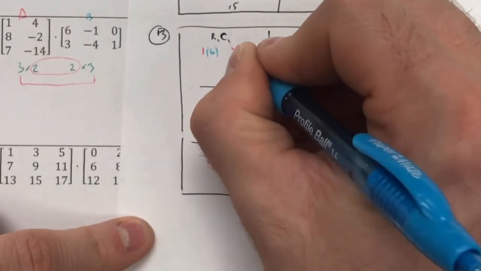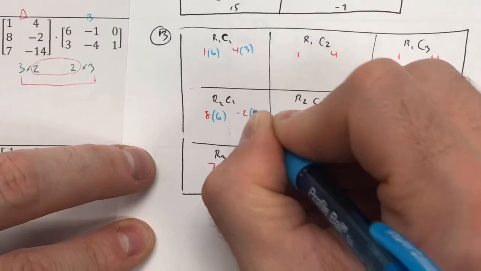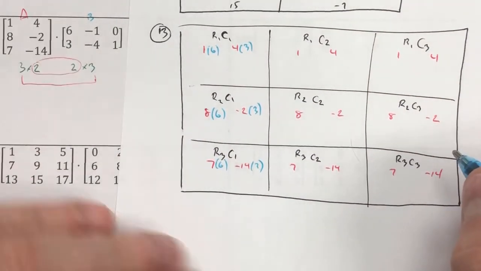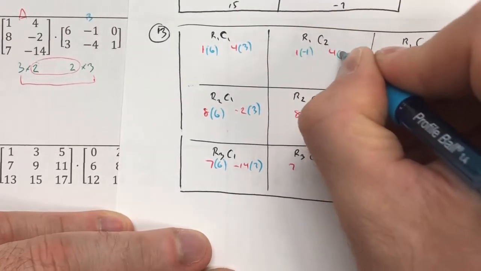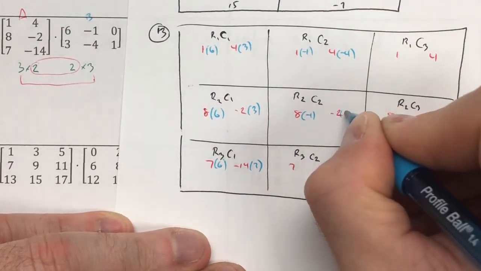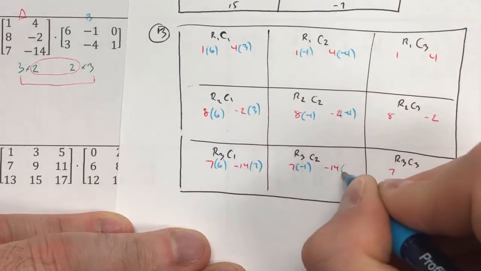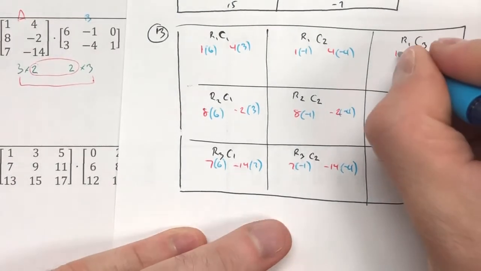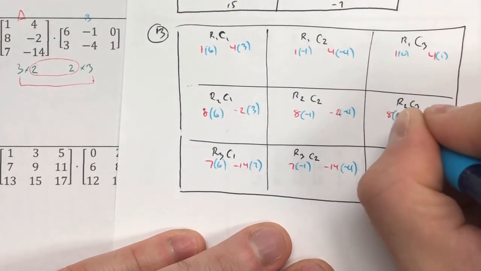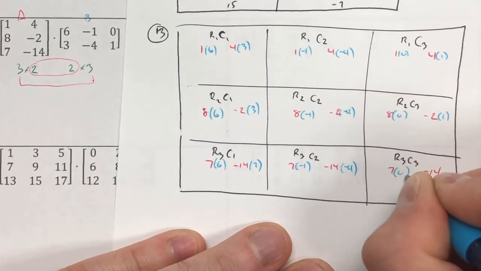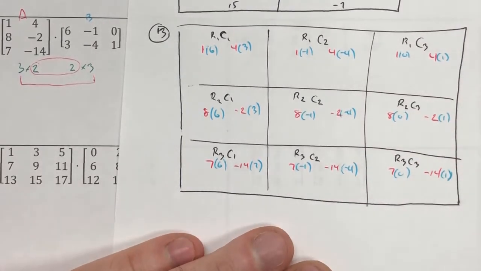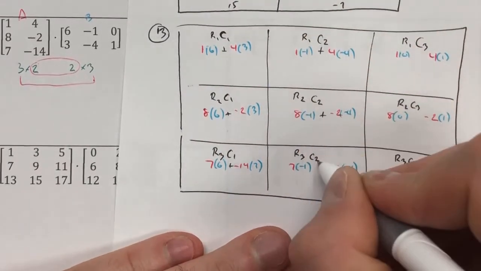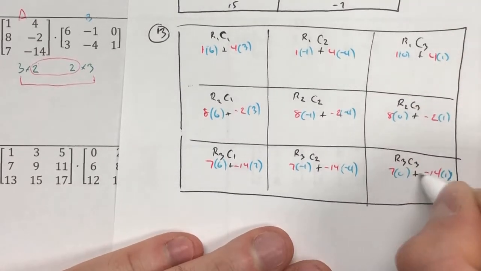For the next column, -1 and -4. And for the last column, I'm going to get a 0 and a 1. And then I'm going to go through and find the dot product of each one of these, or find the sum of the 2 products.